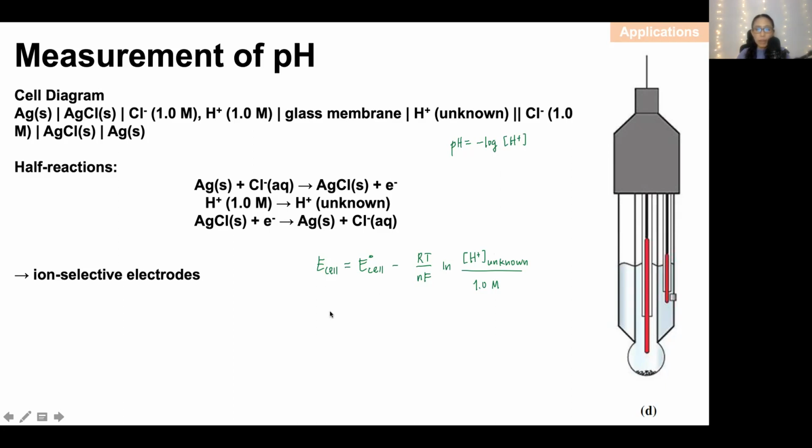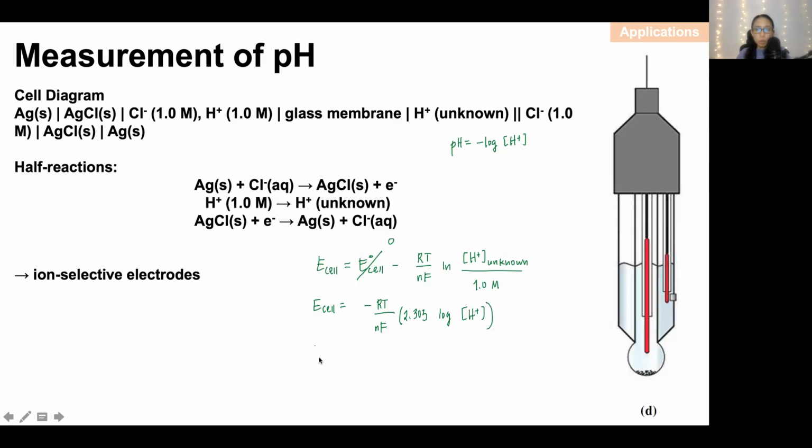To convert that, we just need to introduce a factor of 2.303. So the factor is negative RT over nF times 2.303 times the logarithm of the hydrogen ion concentration.